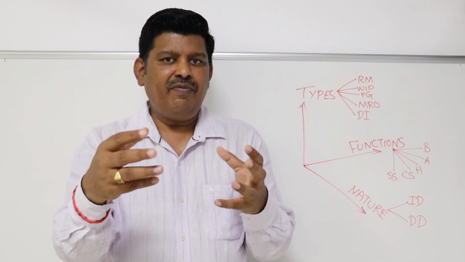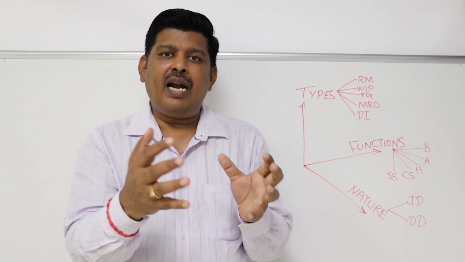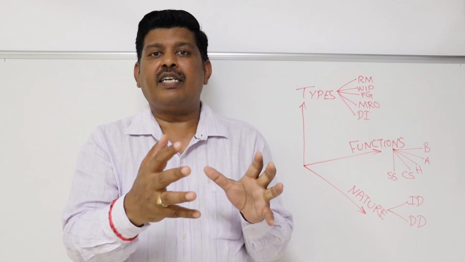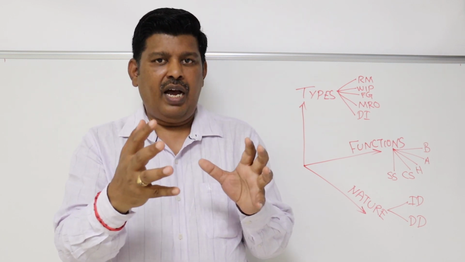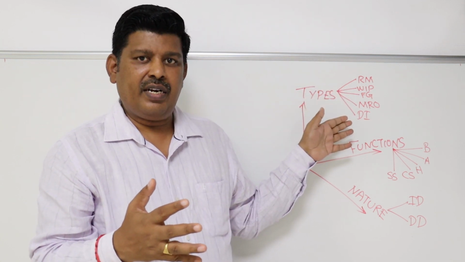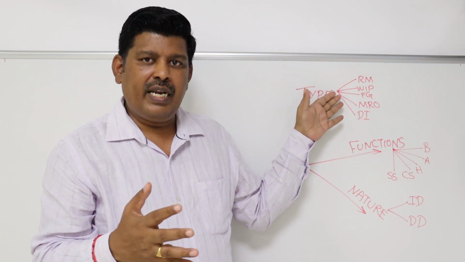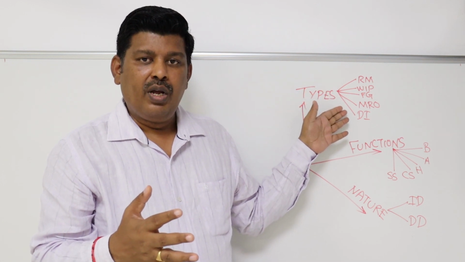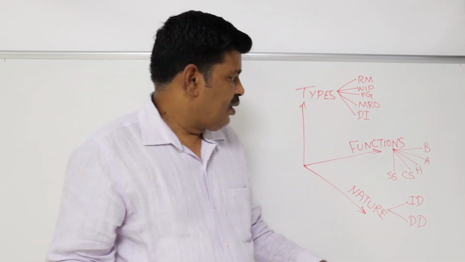It is the same finished goods, but not within your finished goods warehouse attached to the factory. So now we have discussed the 5 types of inventory, that is raw material, work in progress or work in process, finished goods, MRO and distribution inventory.